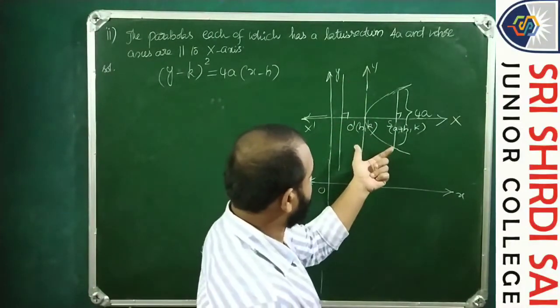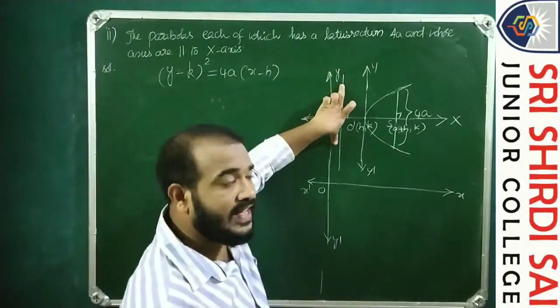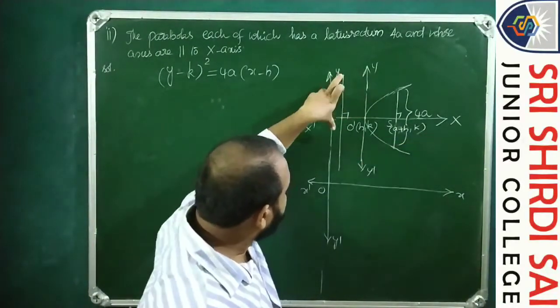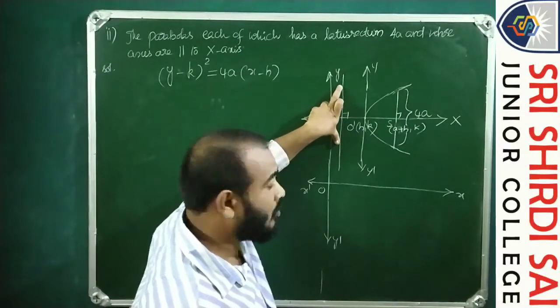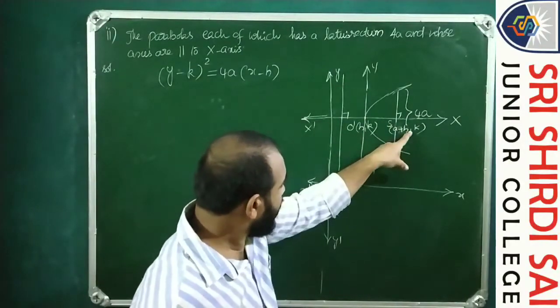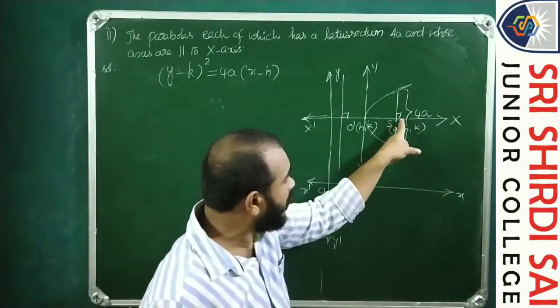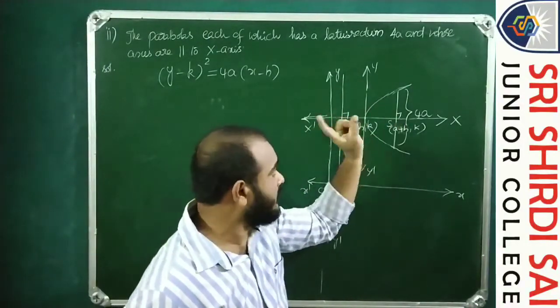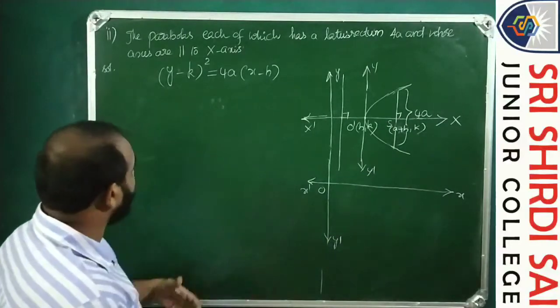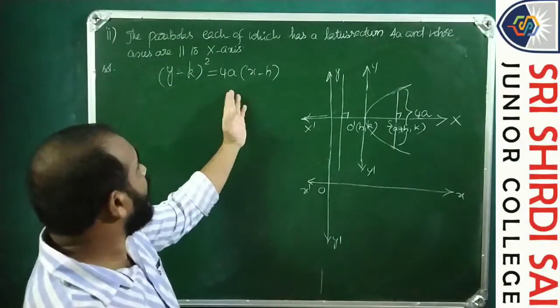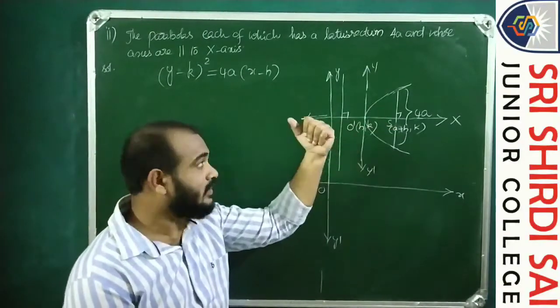directrix. This is the fixed line called directrix, and this line is not only perpendicular to the fixed line, but also passes through the fixed point, which is the focus. So the equation corresponding to the given data is y minus k whole square equals 4a into x minus h.